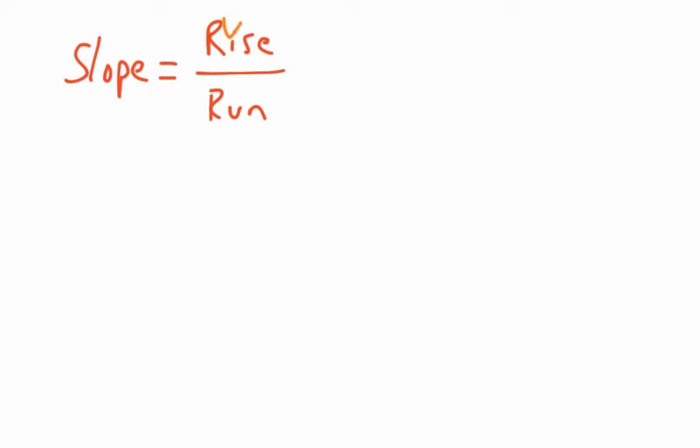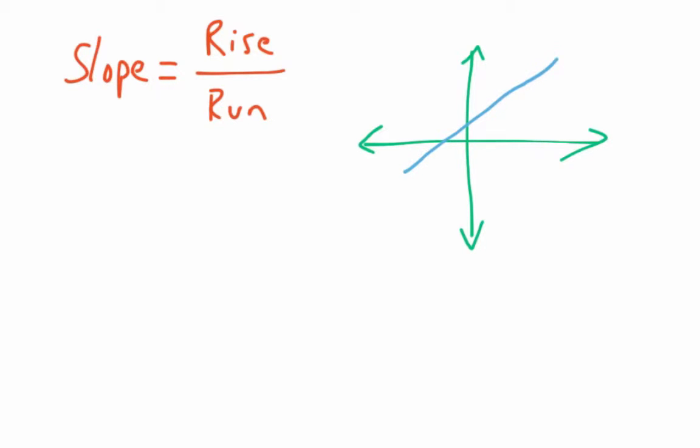All right, so let me try to make a graph here. And if I were to put a line on there, something like this maybe. If you could find some points on the line, maybe I'll pick a dot here and a dot there. If you wanted to figure out the slope of that blue line, if I drew a perfectly straight line, would the slope be the same everywhere, or would it be different? Same, because if it's going up at the same rate, it'd have the same slope.